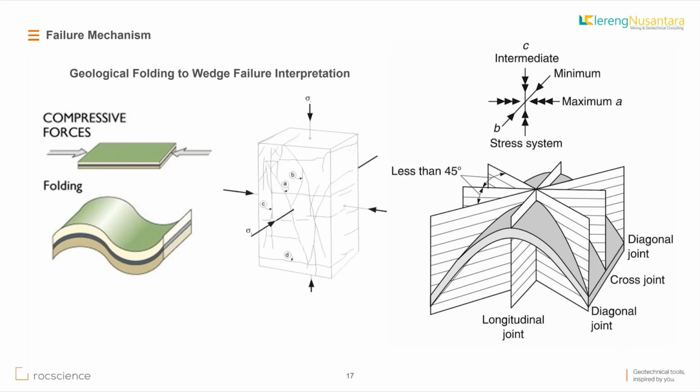So how come this happens? Well, the landslide occurred near a geological fault axis. The geological fault is formed by compressive force. And as FGBL said in his book, there are generally three different joint sets that might occur in the axis of this fault: diagonal joints, which have the minimum stress, longitudinal joints, which have the intermediate stress, and cross joints, which have the maximum stress.